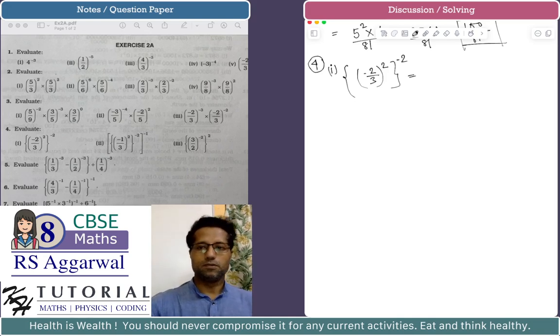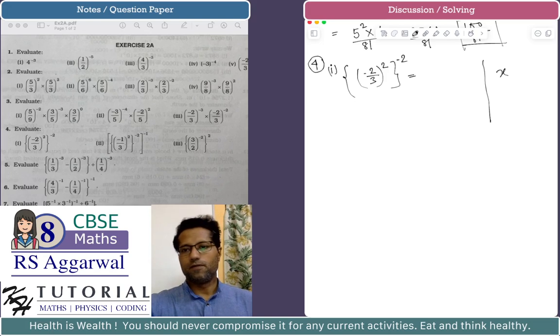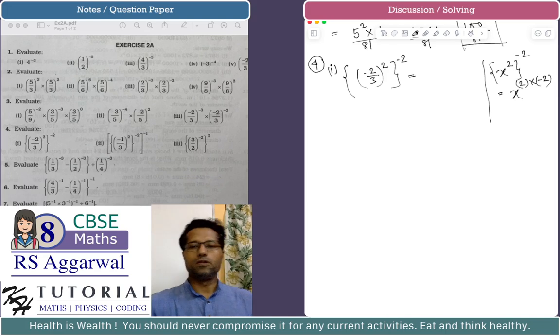We can see it is of the form x, a non-zero rational number, with a power 2, and then this whole is again raised to the power -2. So this is nothing but x^(2 multiplied by -2). We just take the product of all the powers. So this is equal to x^(-4).